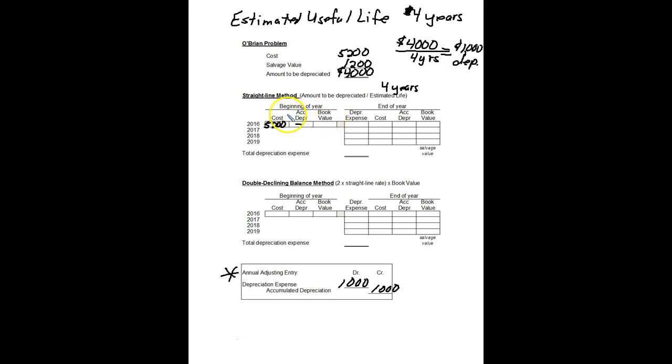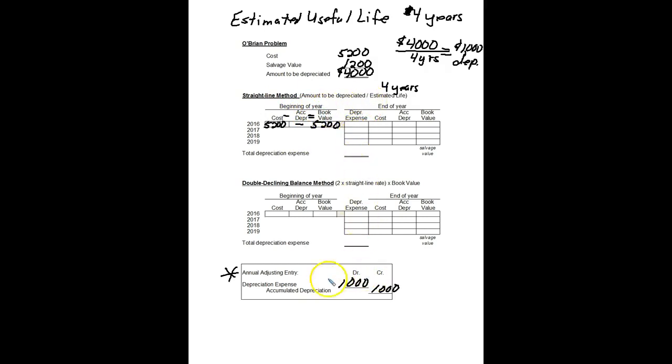So the book value, which is cost minus accumulated depreciation, is the accounting value. The term book value is just an old term. The accounting records used to actually be physical books, so that's where the term book value came to be. What's the value in the accounting books? So in the accounting records, we would have a net book value of $5,200. Okay, that's at the beginning of the period.